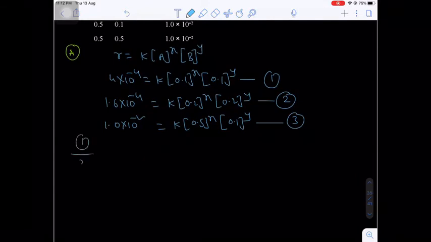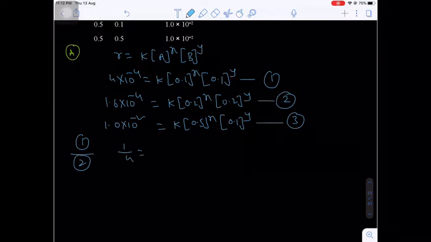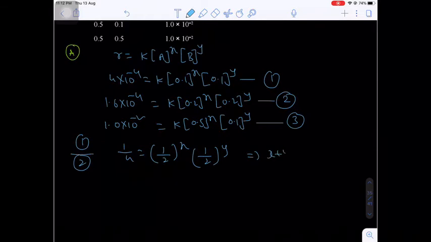First of all, 1 divided by 2, you will get 1 by 4, which is equal to, on the right side K gets cancelled, 0.1 by 0.2, that will be 1 by 2 to the power x, 0.1 by 0.2, that also is 1 by 2 to the power y. So overall if you simplify this, you will get x plus y equal to 2.